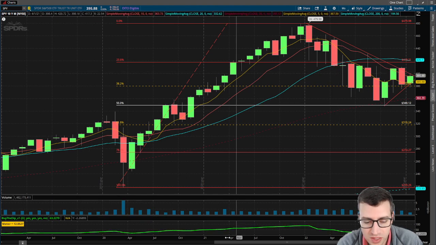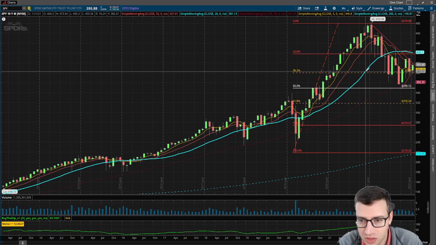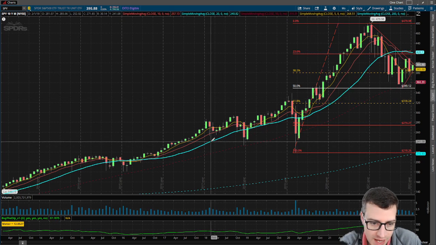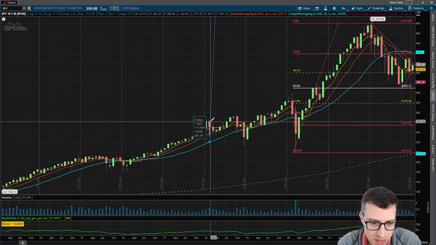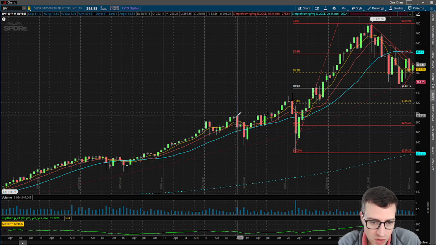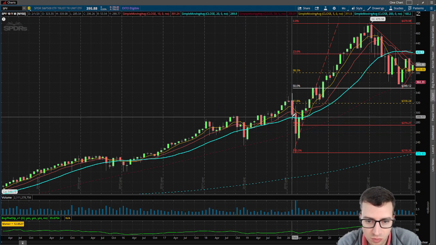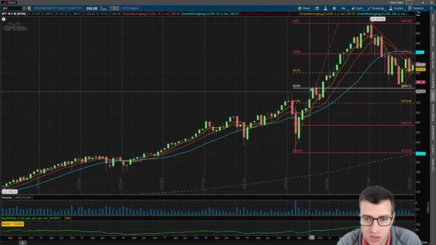But what is of notice is if you compare where price is according to the average, first of all, the gap here between the average and the highs was about 17% there. So that was a tad extreme. 12% there.